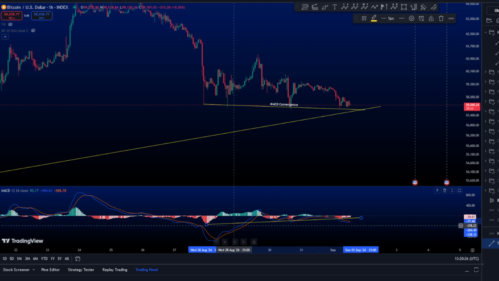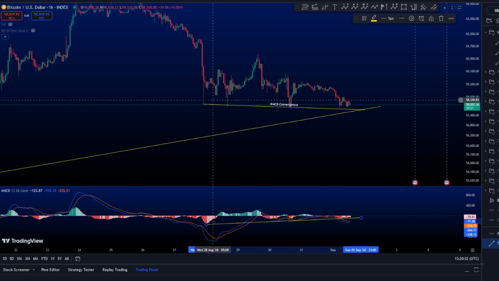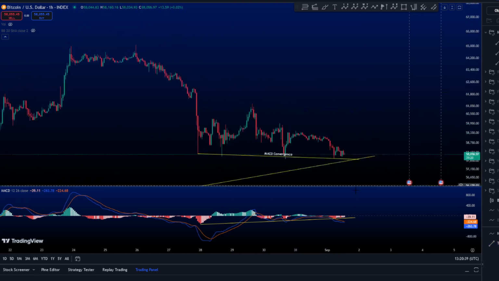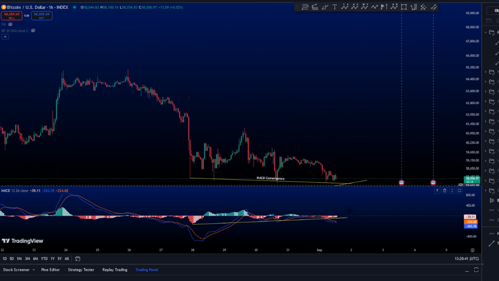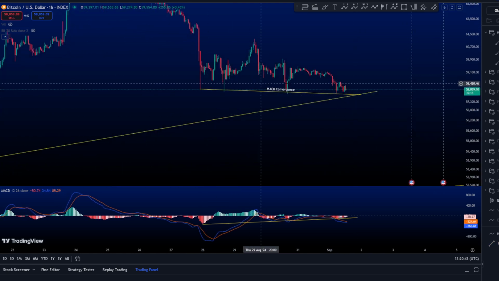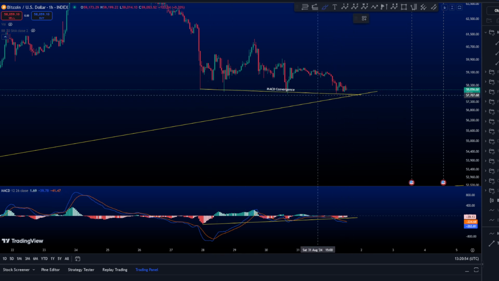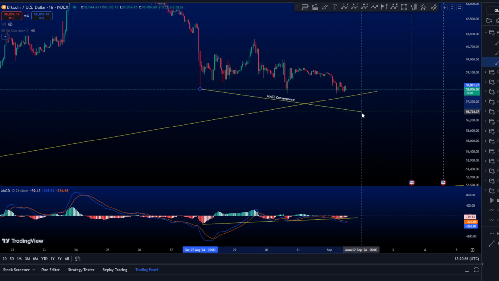For the red volume, we can see that the red volume is starting to get lower and lower, while the prices are also getting lower. This is considered as convergence. That means we're getting lower volume for sellers, but we are getting a little bit lower prices, right? It's not really significant, but it could go even more.